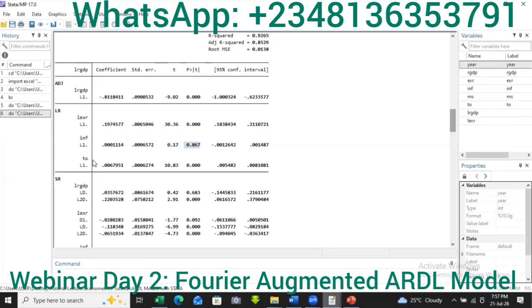So here we move to trade openness. The coefficient is significant, even at 1%. Trade openness has a positive impact on real GDP in the long run.